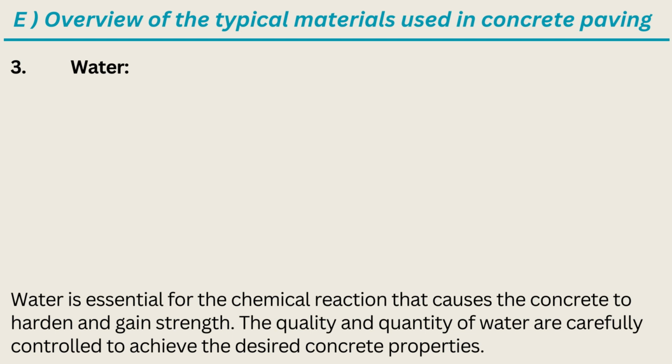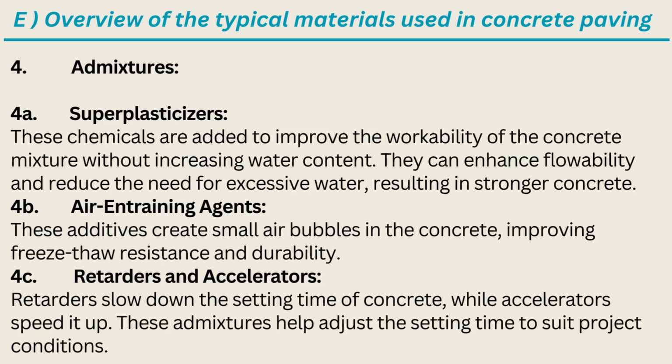3. Water. Water is essential for the chemical reaction that causes the concrete to harden and gain strength. The quality and quantity of water are carefully controlled to achieve the desired concrete properties. 4. Admixtures. 4A. Superplasticizers. These chemicals are added to improve the workability of the concrete mixture without increasing water content.